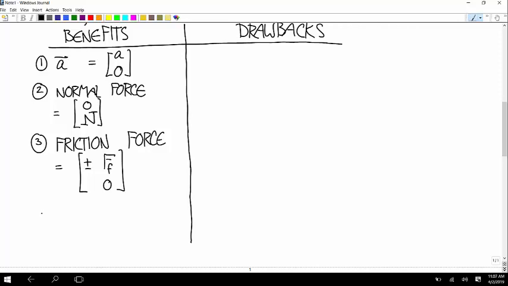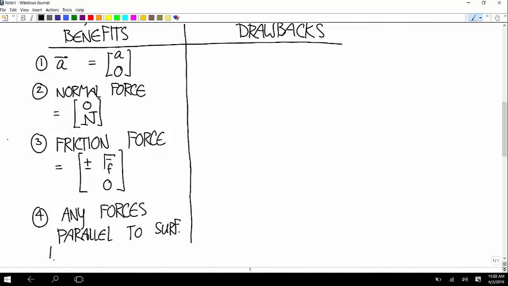And then the fourth benefit is any forces parallel to the surface, and that comes up a lot, you know, cables that are parallel to the surface, pushing contacts that are parallel to the surface. They have only x components.